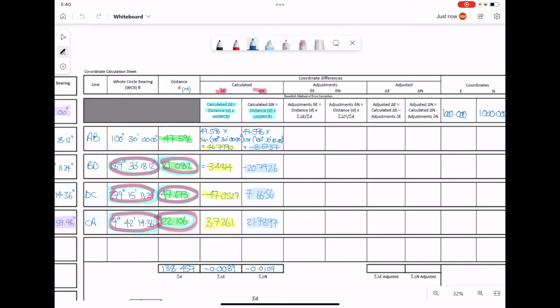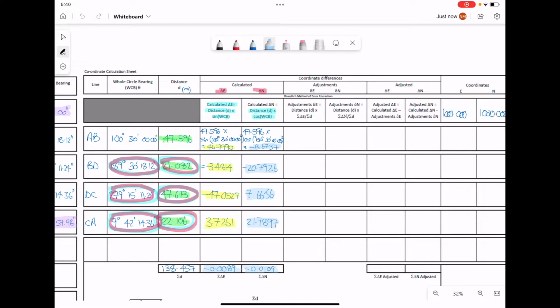Now looking back at our coordinate calculation sheet, what we want to do is to calculate the adjustments necessary. When we had previously added up our partial eastern and partial northern columns, here at the bottom we got values of minus 0.0089 and minus 0.0109.